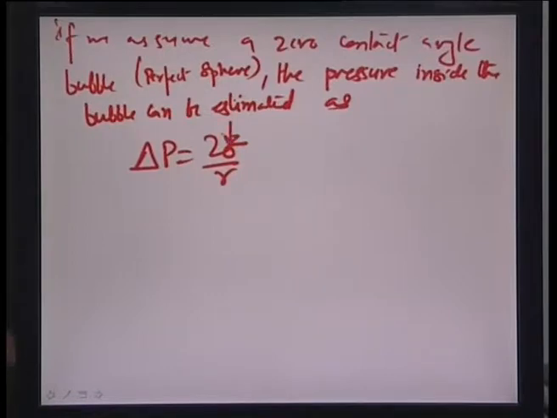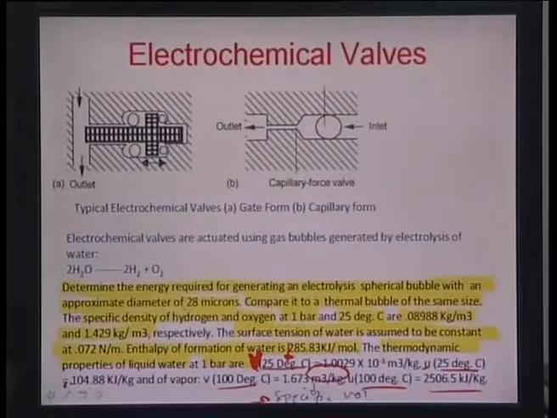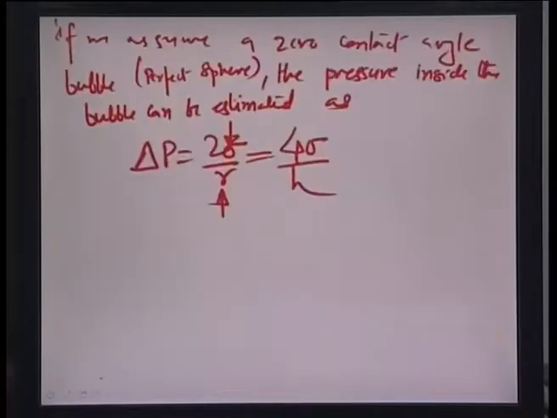Sigma is the surface tension of the bubble and r is the radius of curvature of the bubble. In this case it is a sphere, so it is essentially the diameter by 2. So it is 4 sigma by d really, and as we know from the example, the diameter of the bubble is approximately 28 microns, which makes the radius about 14 microns.